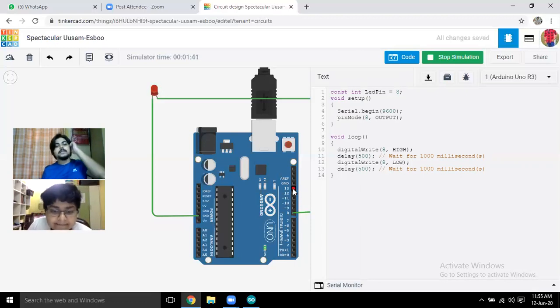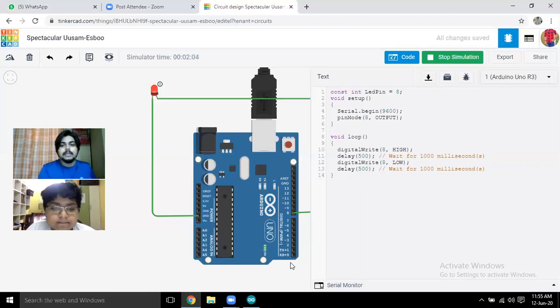And we also have 0 and 1, which are TX and RX. I will tell these things later on. We don't connect to 0 and 1 because they are transmission and receiving pins, transmitter and receiver, which we use for other sensors, such as Bluetooth. When we will be working on Bluetooth, we will be using this TX and RX.